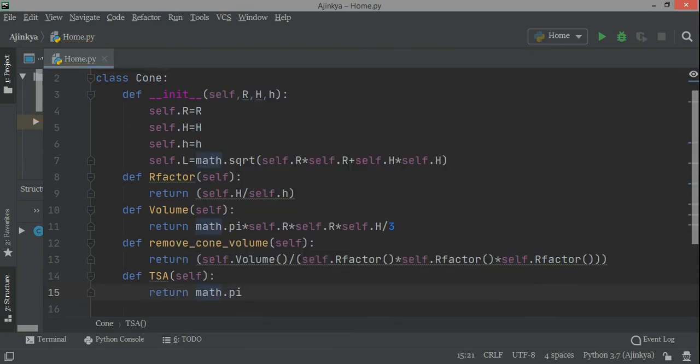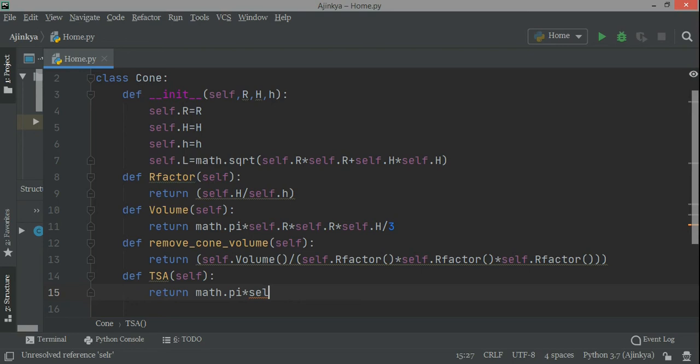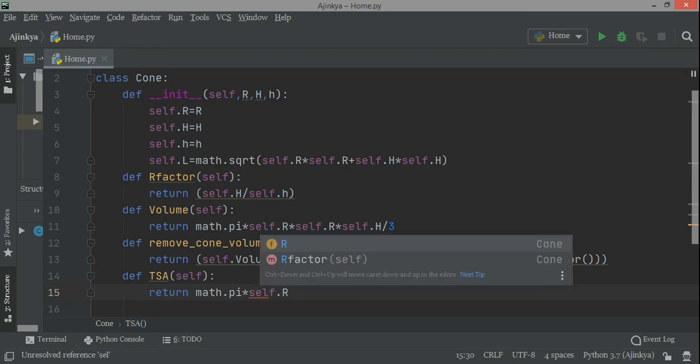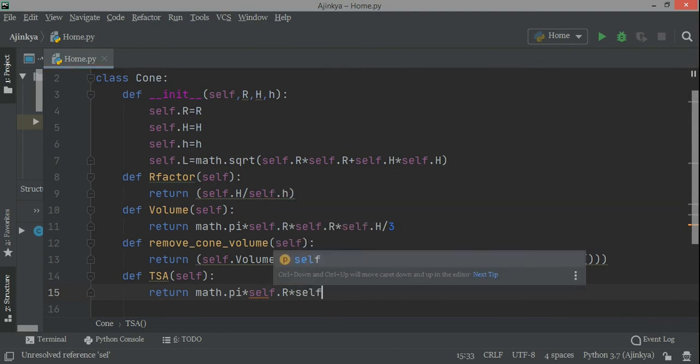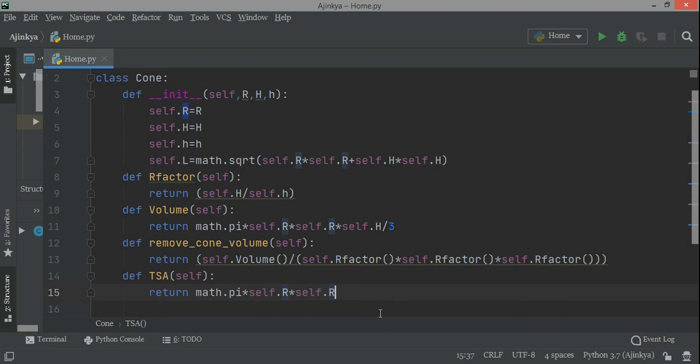So the total surface area minus the lateral surface area of the removed cone, plus pi r square, where r is the radius of the top of the truncated cone, which we have found just after removing that smaller cone from the bigger cone. This I am just trying to achieve with the help of this function.